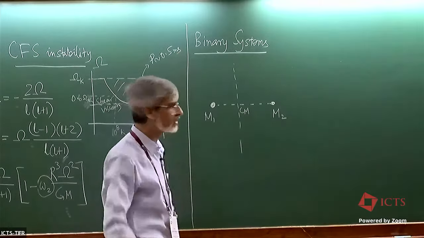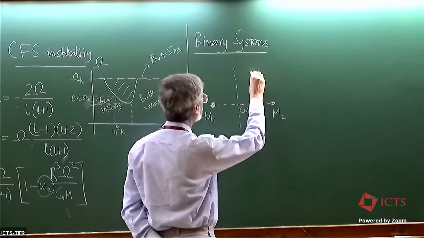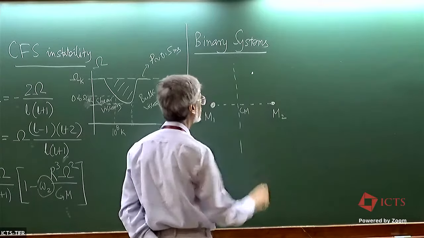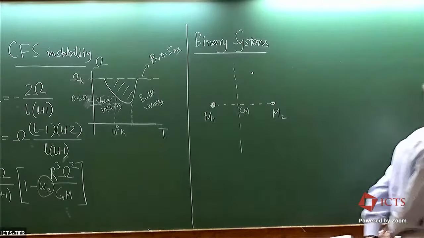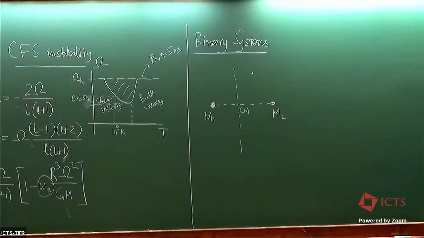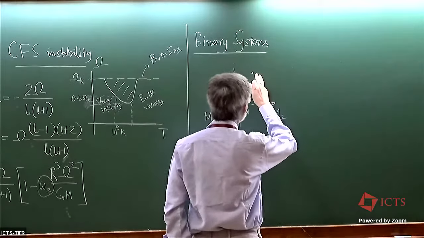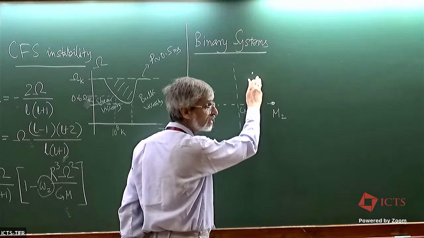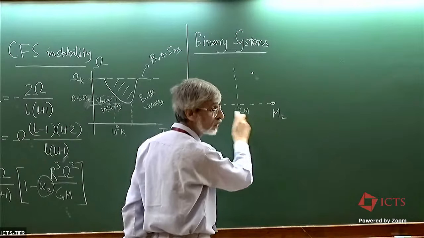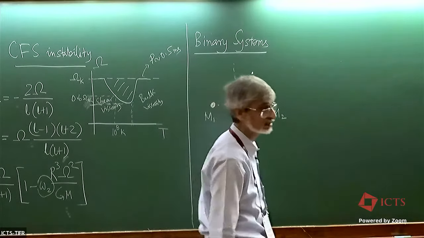Ignoring everything else in the universe, if I take a point somewhere in the vicinity of this and ask what is the total potential at this point, if the observer here happens to be co-rotating with the binary system.